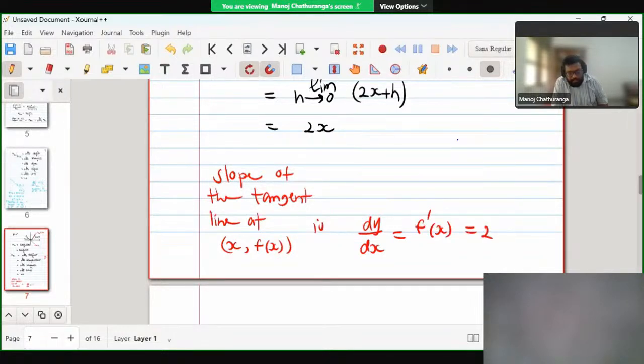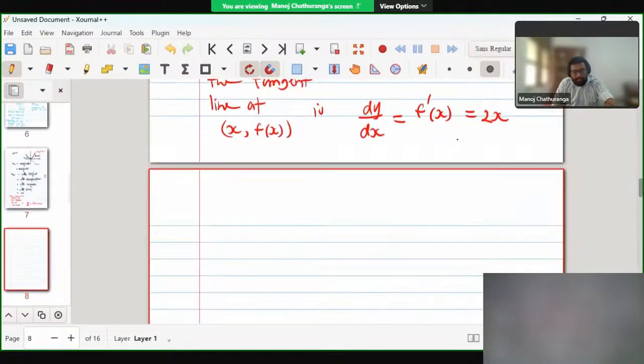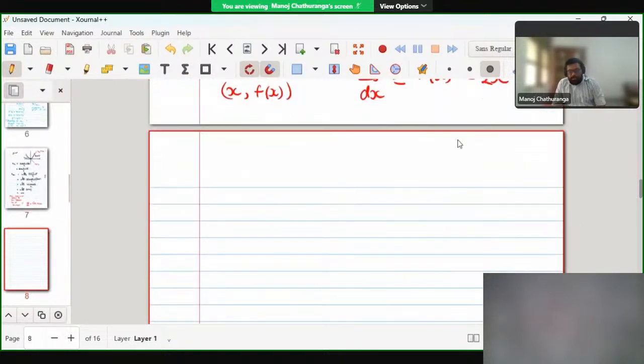This is 2x. If the function is x squared, at any point the slope of the tangent is 2x. So this gives us all the tangent lines and their slopes.